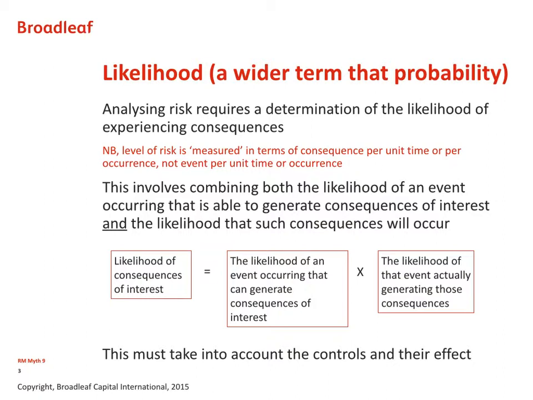So almost invariably we measure risk in terms of some measure of consequence per unit time or some unit of occurrence. We never express risk in terms of the underlying causal event per unit time or the occurrence per unit time. It's always the consequence per unit time.